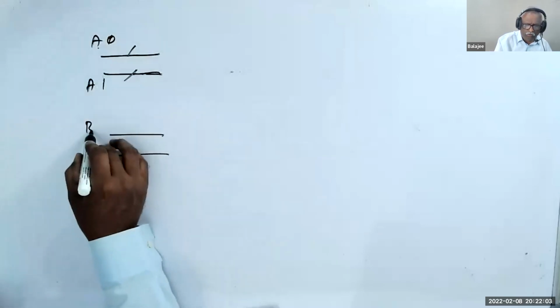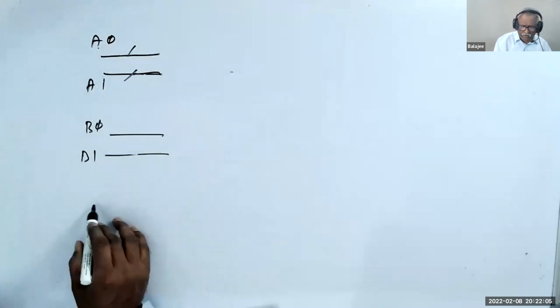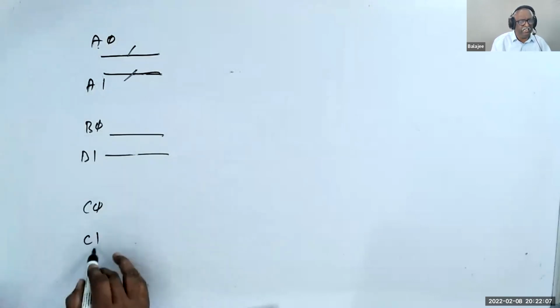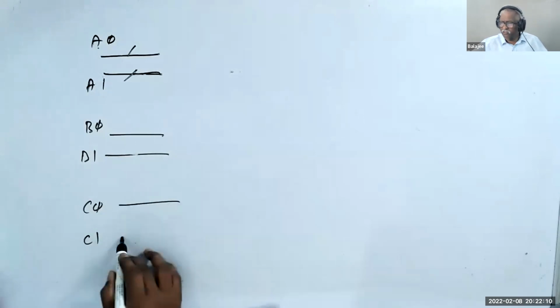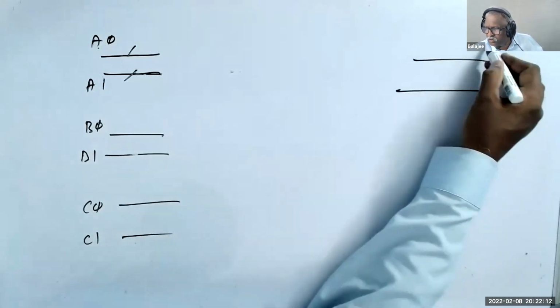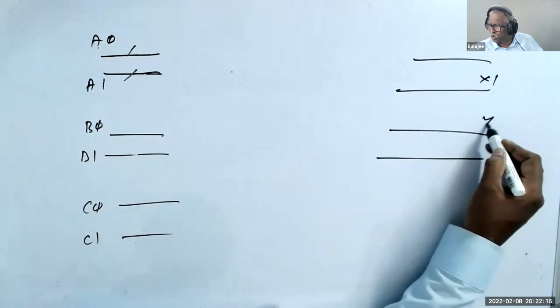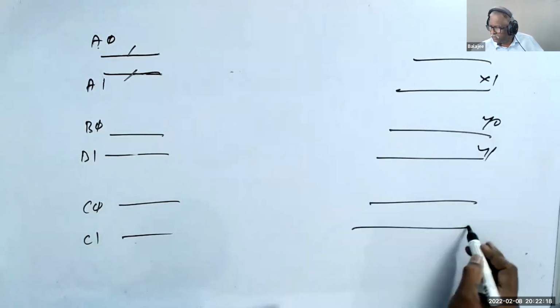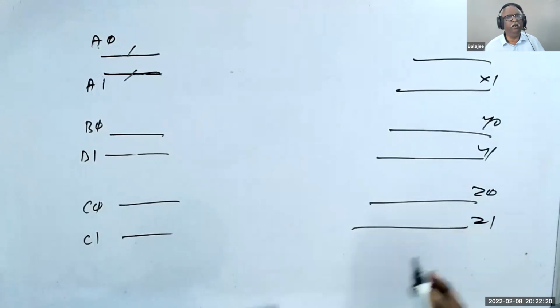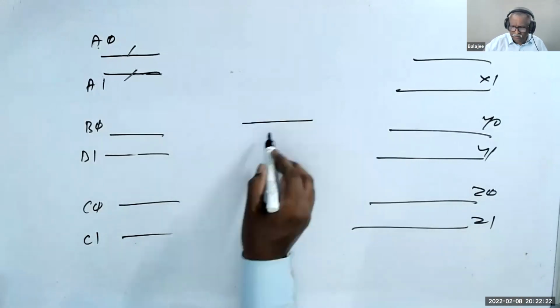The other one is B0, B1. C0, C1. Only three we take. We have X0, X1, Y0, Y1, Z0, Z1. Now there are two wires.